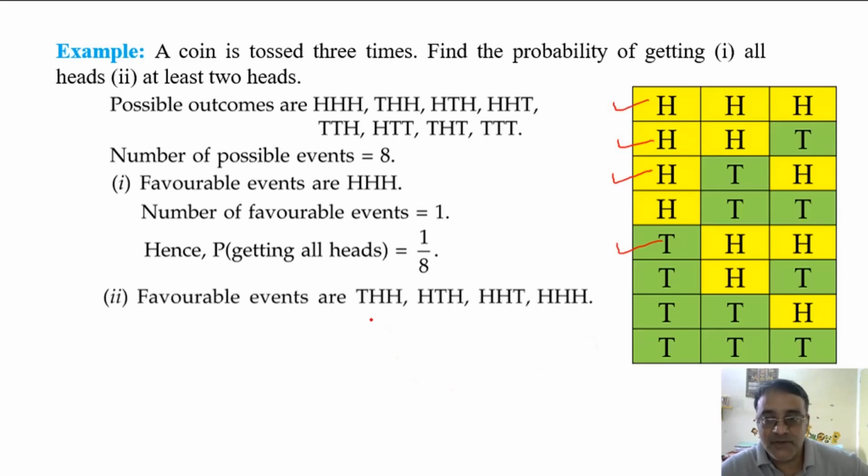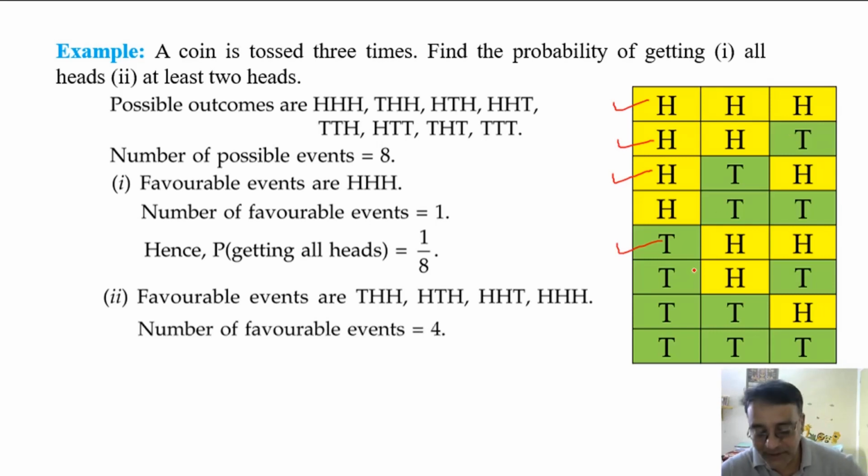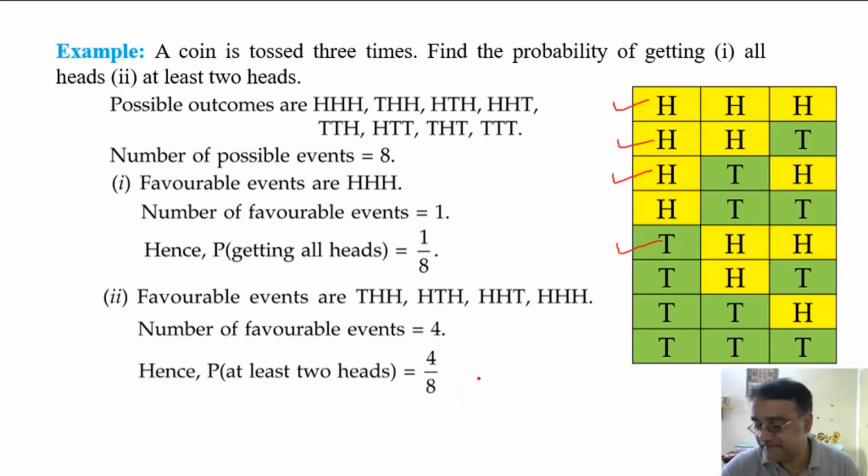Okay. So THH, HTH, HHT, and HHH. So number of favorable events are 4. So what is the probability? 4 by 8. Simplify. 1 by 2. Right. So any doubt in this example?